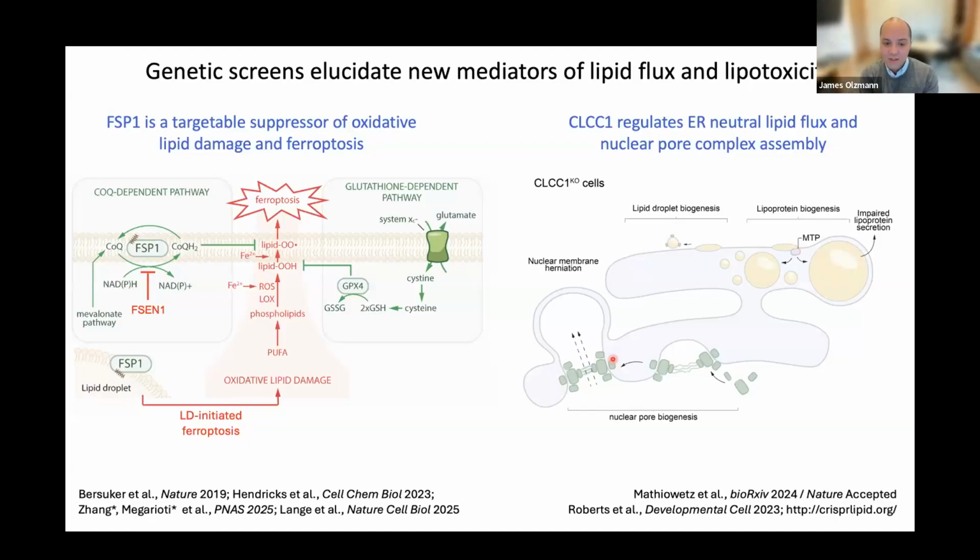There are certainly cancer cells with lower FSP1, and if we add in more FSP1, it can drive ferroptosis resistance, indicating that it's limiting, and at least under those conditions, its substrate is not the limiting factor. But those are in cultures, so whether we run into similar situations in vivo, I think that's an open question still.